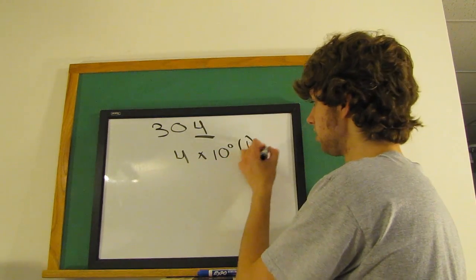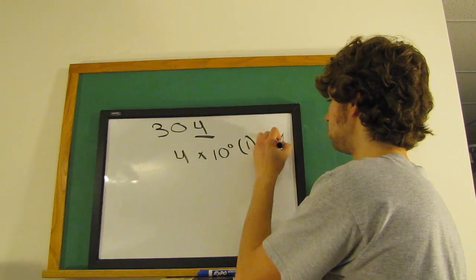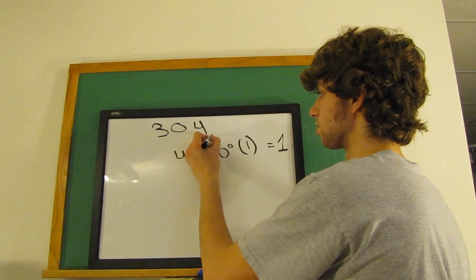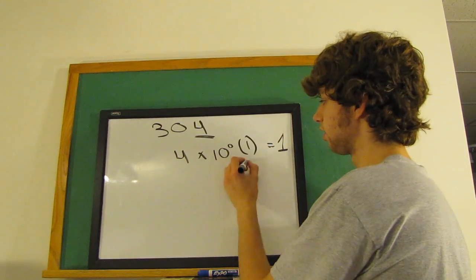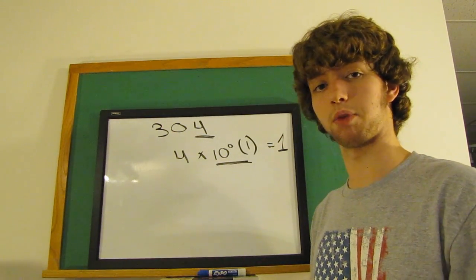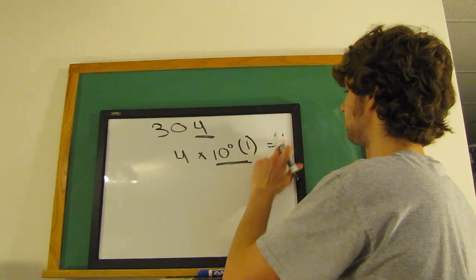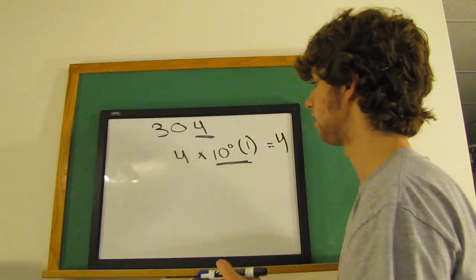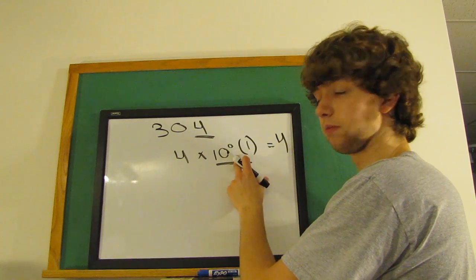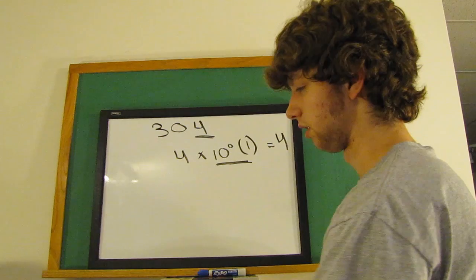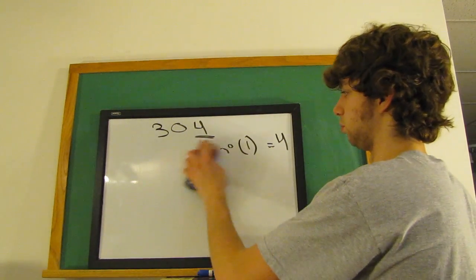Because if you remember, a while ago in this video, I said this was the ones place, which is another way to write 10 to the 0th power. So 4, oh, I'm sorry guys, that's not equal to 1. Sorry, 4 times 10 to the 0th power, 4 times 1 is equal to 4. I probably just confused all of you after I said 1.